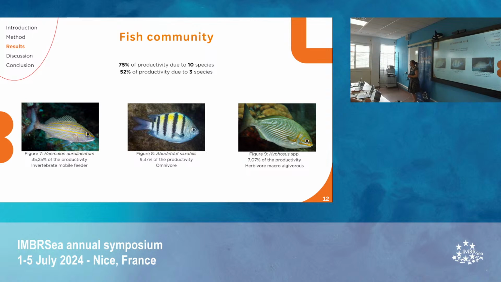Maybe I have not asked you properly, but can you break these trends down at the species level? We can, yeah. Because the great thing with productivity is that everything can be broken down. If I want the productivity of only one species, I can have it.